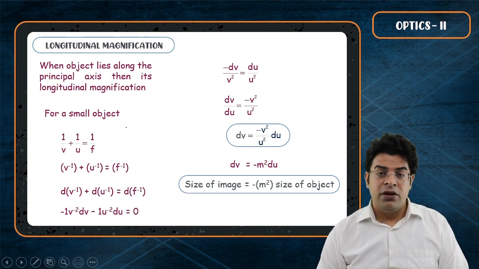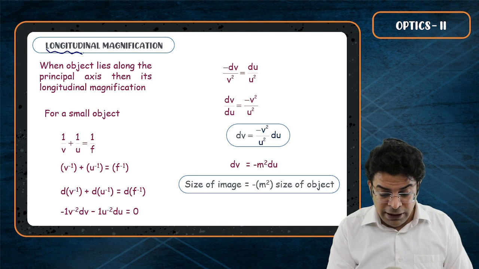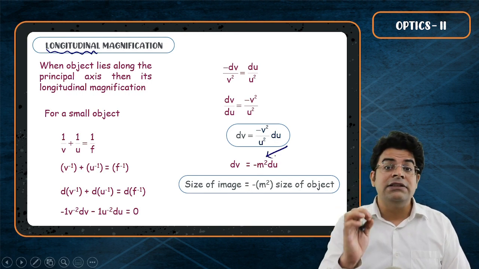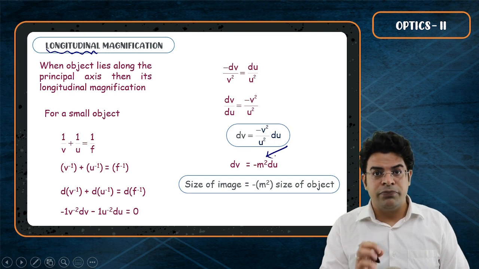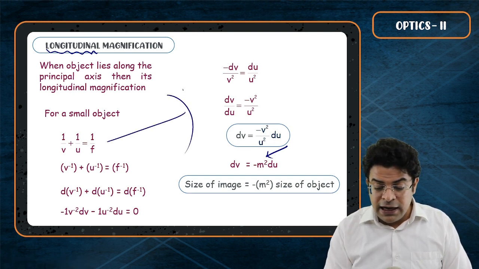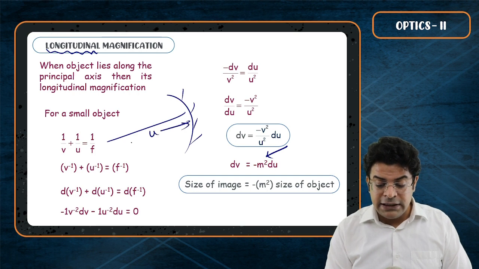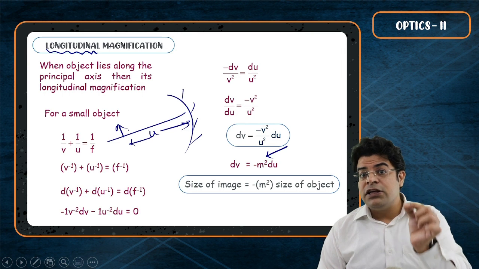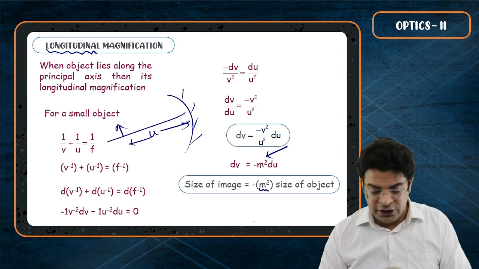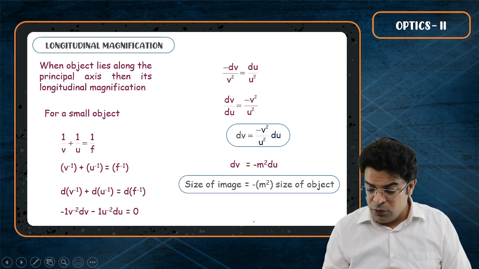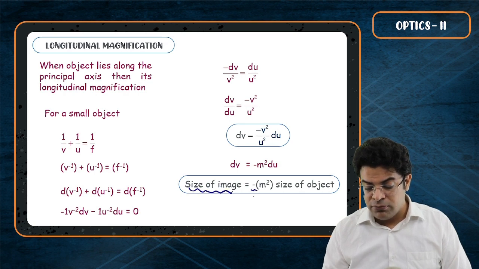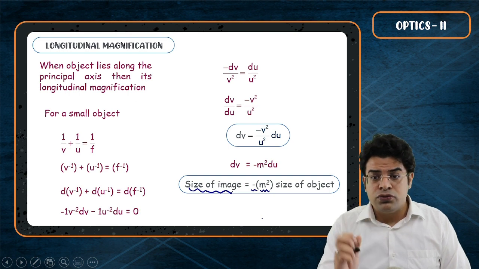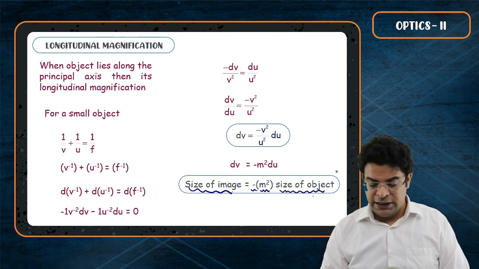To understand, what we are finding out is the longitudinal magnification. What I substituted here, m, is the transverse magnification. If the object would have been at the same distance but placed perpendicular to the principal axis, then the type of magnification I would have got, that is m here. So for a small object, the size of image equals to minus times the transverse magnification whole square times the size of object.